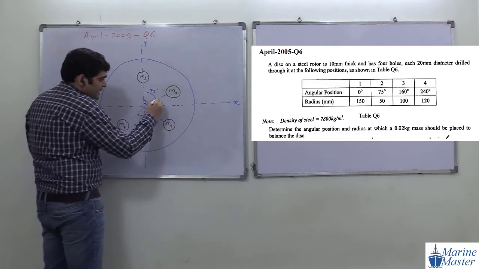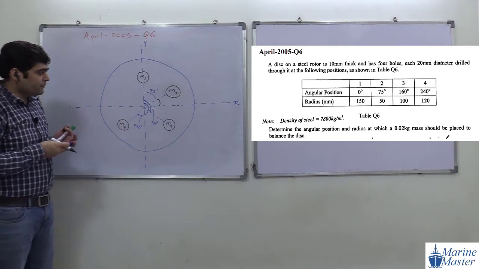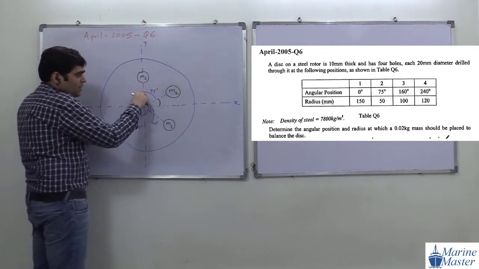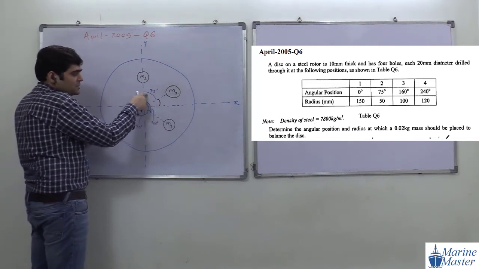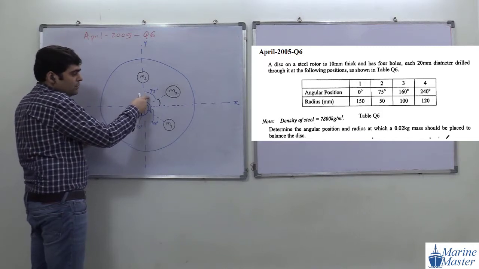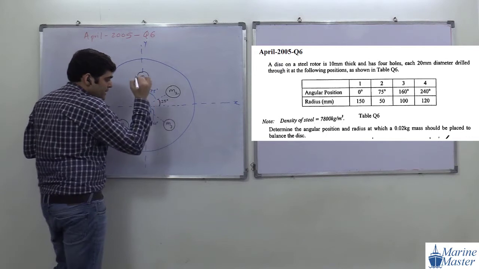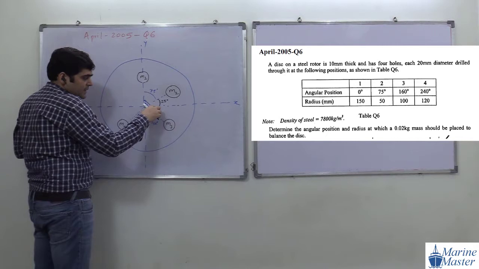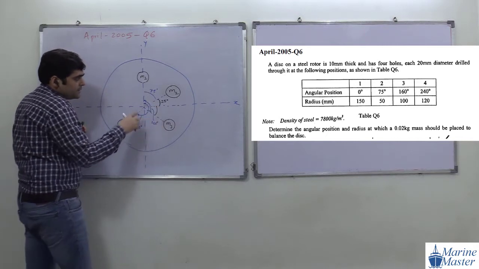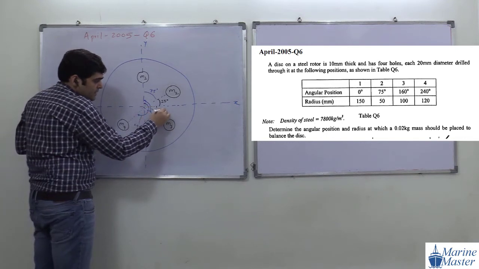What will be this angle? What will be this angle? See, the overall angle from this point to this point is 90. If you subtract 75 from 90, this angle will become 15 degrees. Okay. What about this angle? See, this will become 70 degrees.